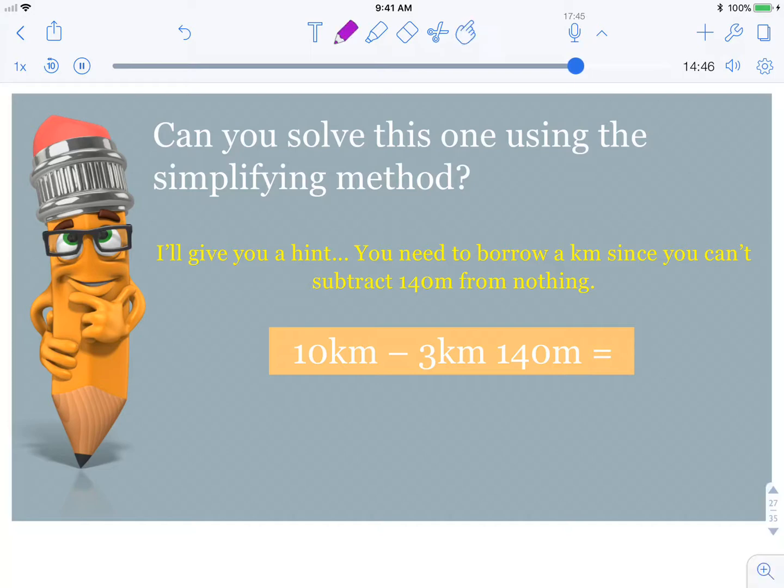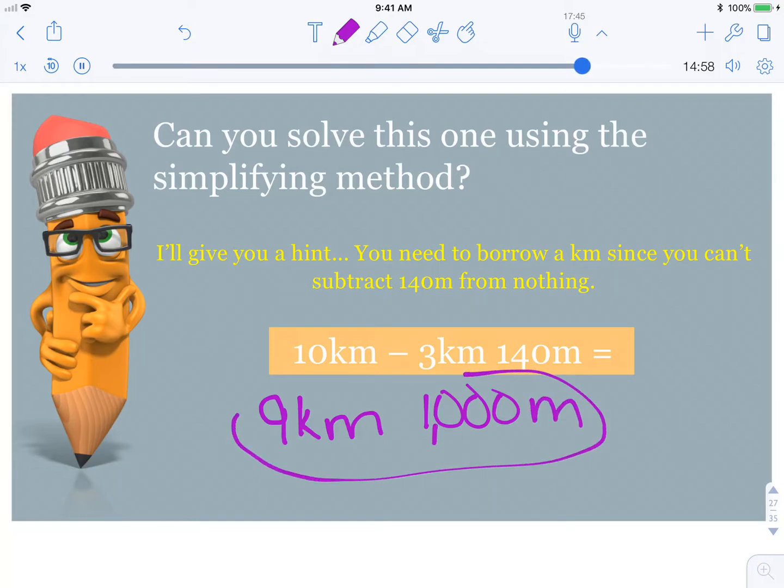So basically, what it would look like is if I took 1 kilometer away from my 10, that would give me 9 kilometers. And how many meters? 1,000 meters. So I have 9 kilometers, 1,000 meters, minus 3 kilometers, 140 meters. Go ahead and see if you can solve that problem.